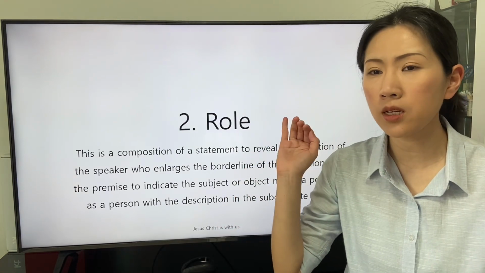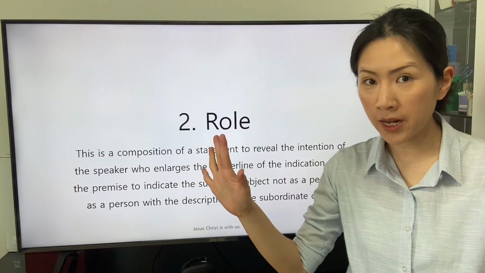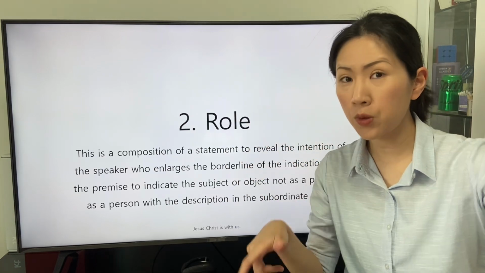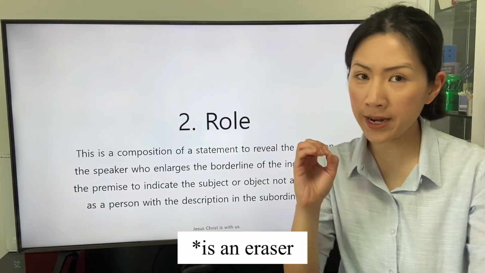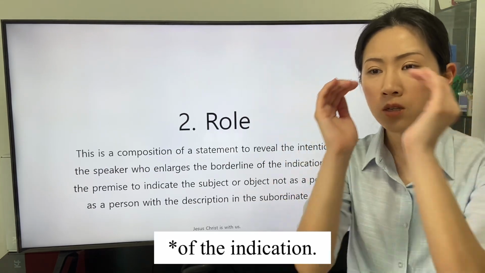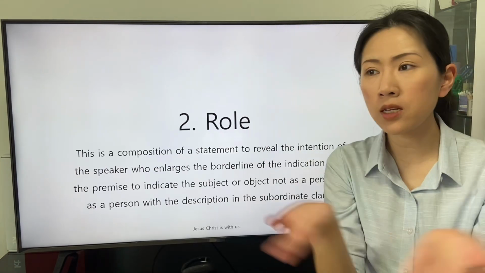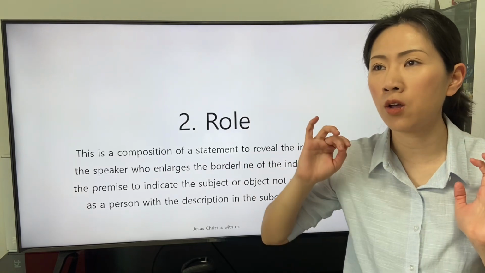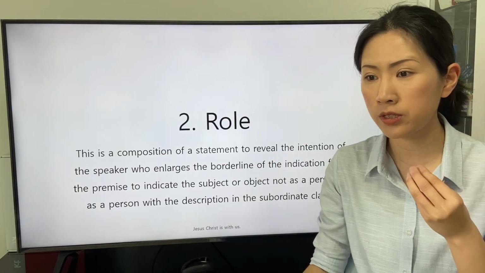we can say that the subject that we both came up with is an eraser with the borderline. The borderline is included in the criteria of stationery.